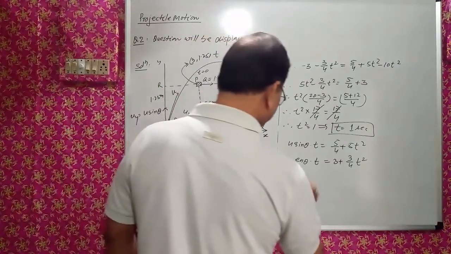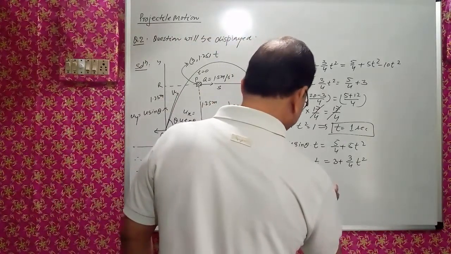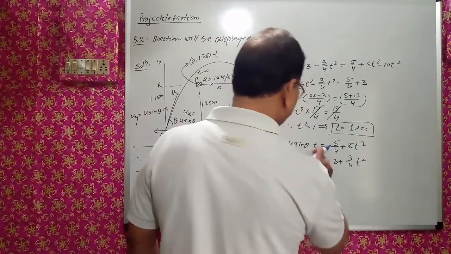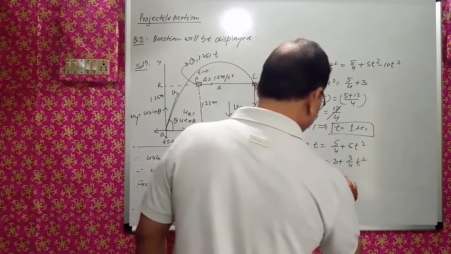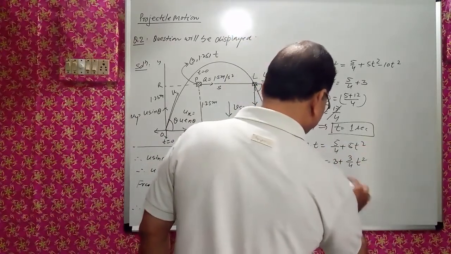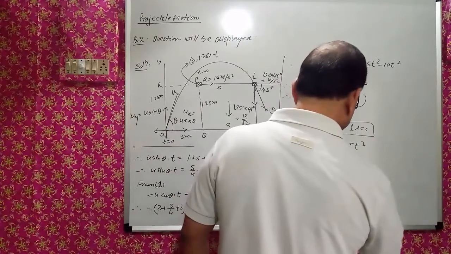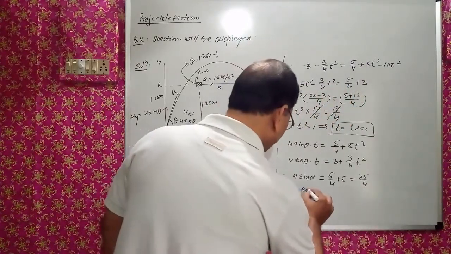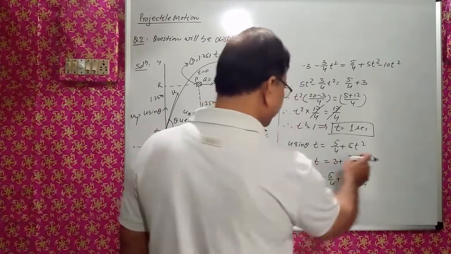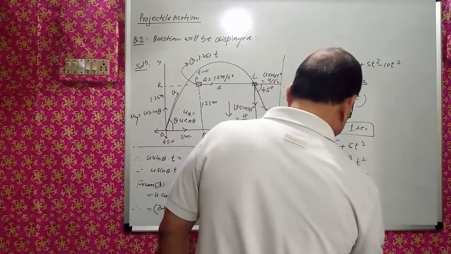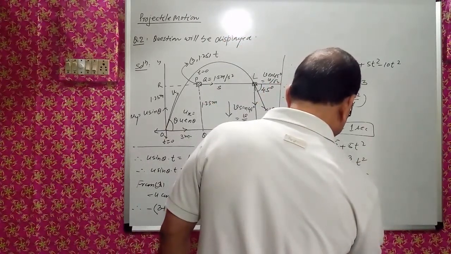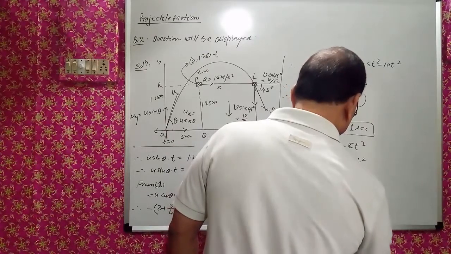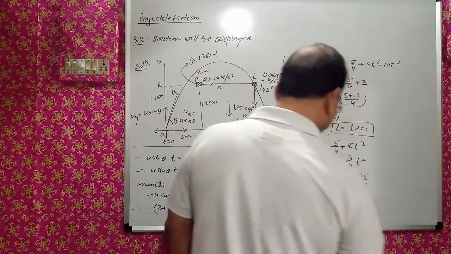Therefore, u sin theta is equal to, t is 1, so that is 5 by 4 plus 5, that is 25 by 4. And u cos theta is equal to, t is 1, so that is 3 plus 3 by 4, that is 15 by 4.